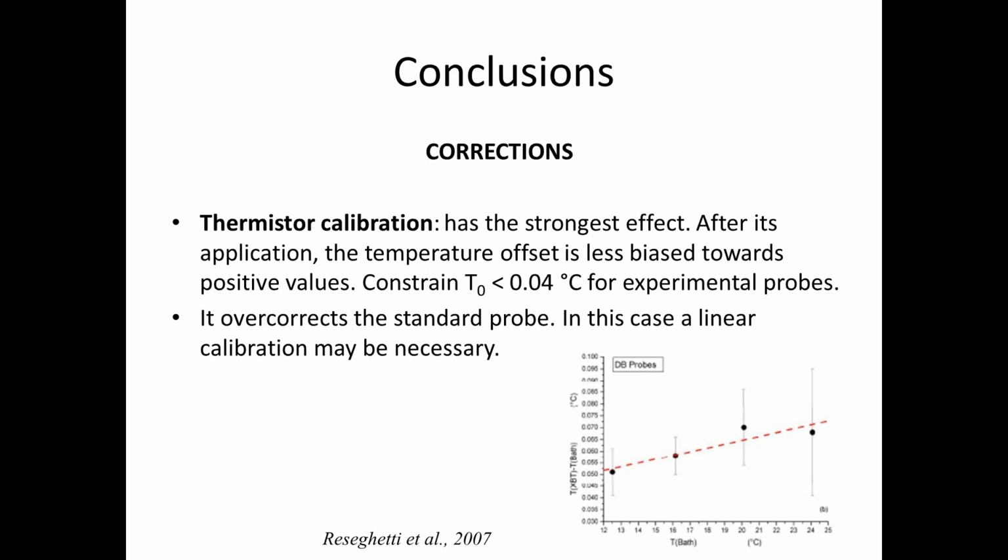And this is because also in Rezagheti et al. 2007, they see that maybe the calibration, so this is the bath temperature and this is the bias. So we see that this could be a linear relationship over depth. So if you just use 15 Celsius, wouldn't be enough. But for the standard calibration, we need the whole profile.